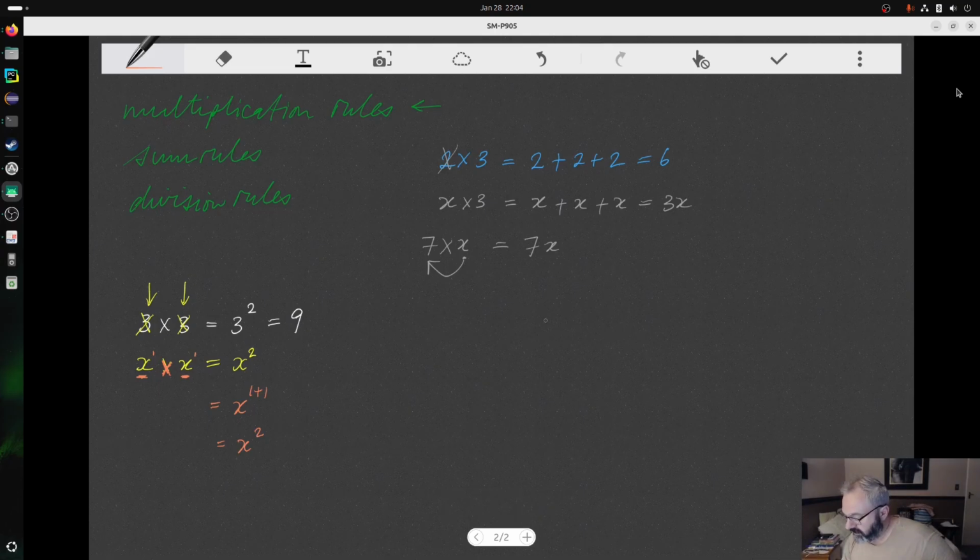So just a quick summary of where we are at this point. We've got something like 5 times x, and this is the same as if I have 1x and I multiply it by 5, then how many x's do I have? I've got 5 of them, 5 x's.